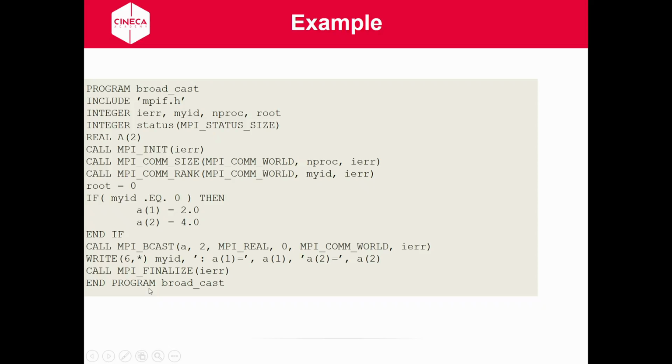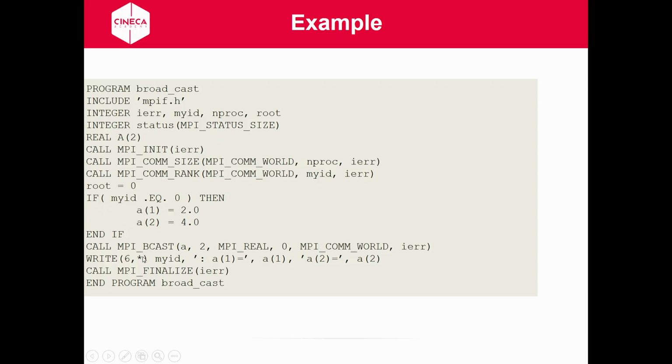Then I have 0, that is the processor that sends the information, and the communicator. Clearly, if I put here 0, 0 will be the processor that sends the information, and since I use MPI Comm World, this information will be shared with all the processors that I'm using.